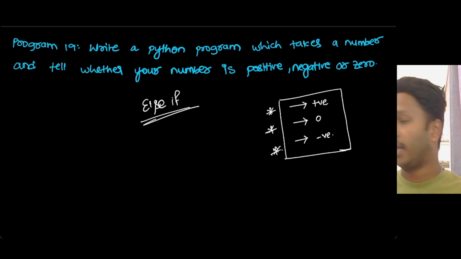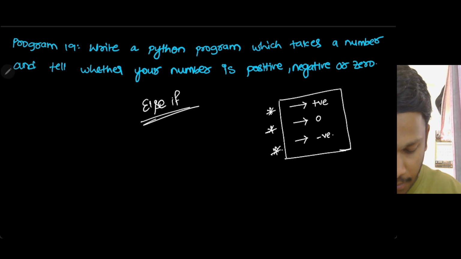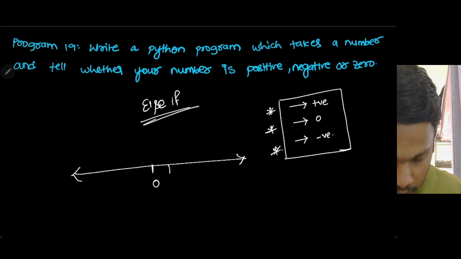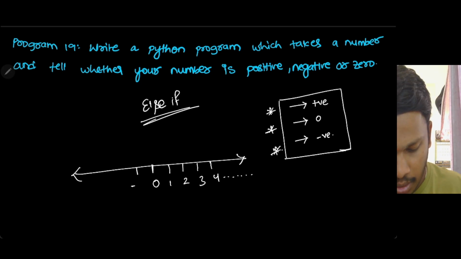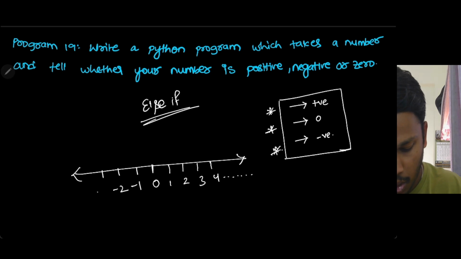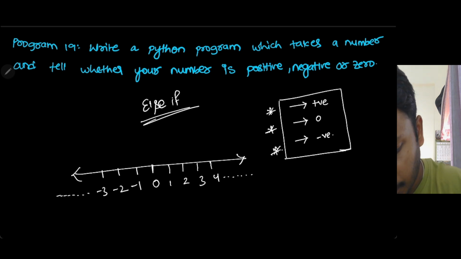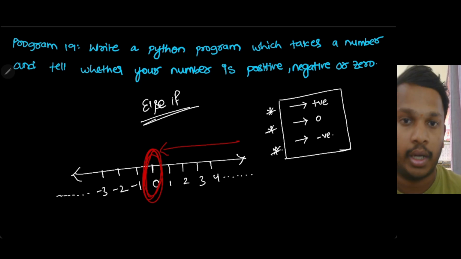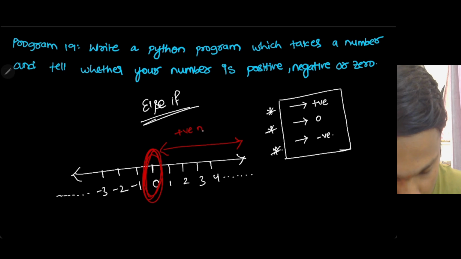Now, how to differentiate whether a number is positive, negative, or zero? What are the conditions? If you observe, this is the number line. This is zero, correct? This is one, two, three, four, and so on. Similarly, minus one, minus two, minus three, and so on. Numbers belonging to the right side of 0 are known as positive numbers.